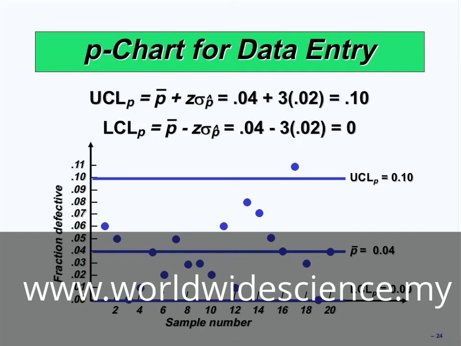It's very easy. UCL and LCL have been calculated and drawn in this chart. Do you hear me? Okay. Based on this chart, is it under control or not under control?